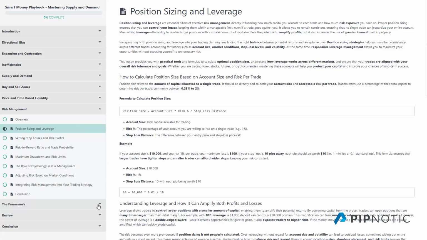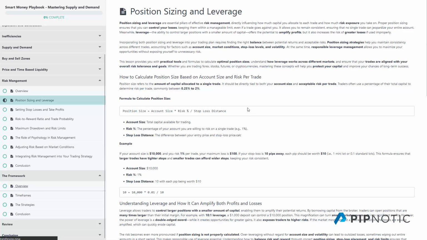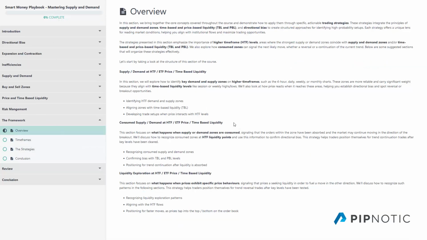And then we go into the framework. This is where we piece all of this stuff together into actionable strategies. The names of the strategies, I don't have any fancy names like some people, but I do have stuff like this.